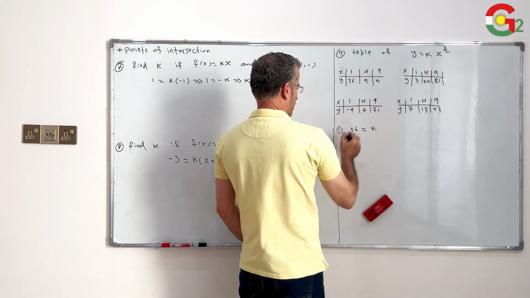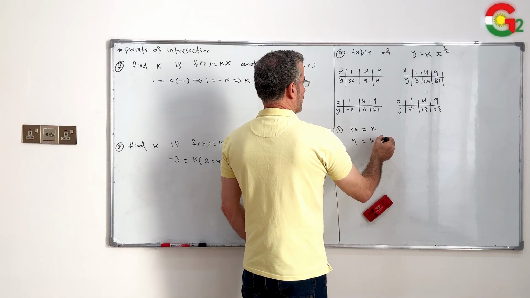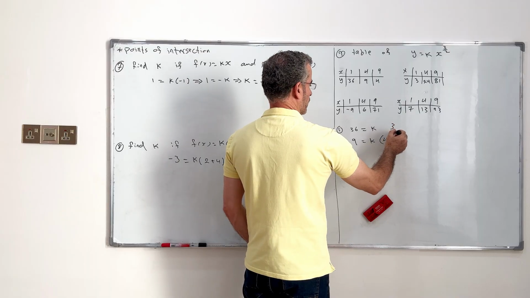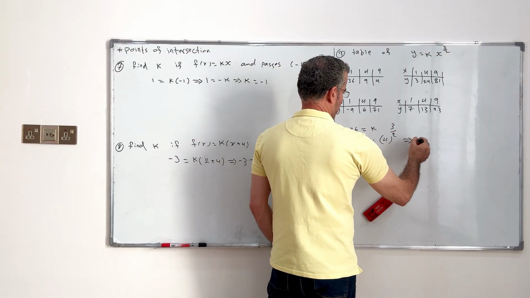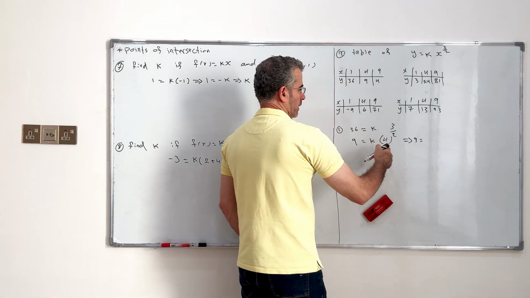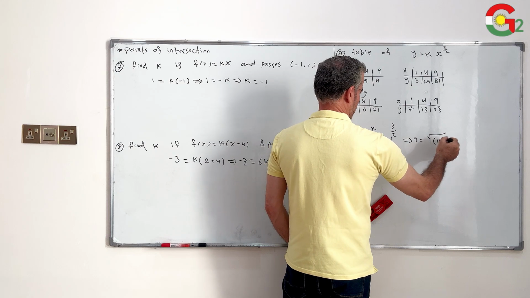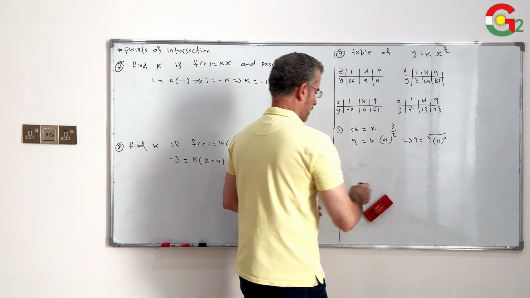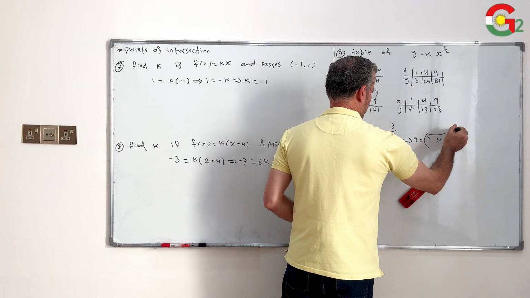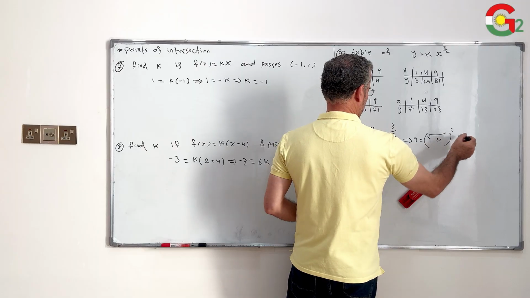For the second point, when y equals 9, then x equals 4, so 9 equals k times 4 to the power 3 over 2, which is the square root of 4 all to the power 3, then times k.